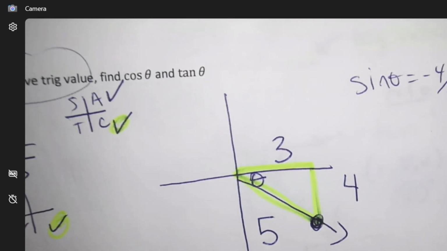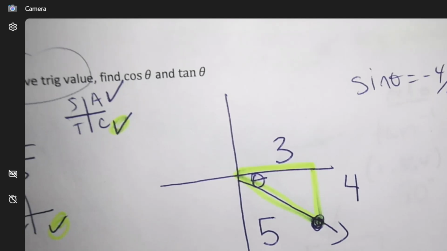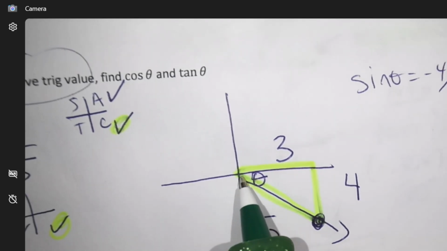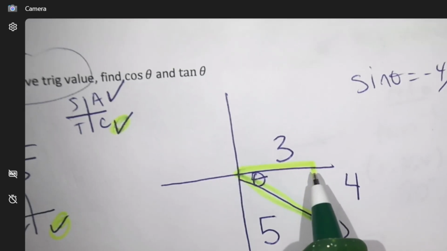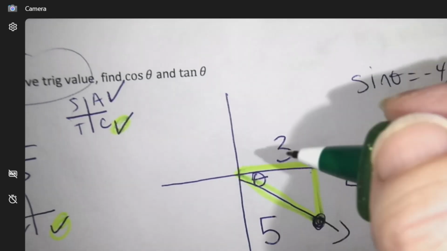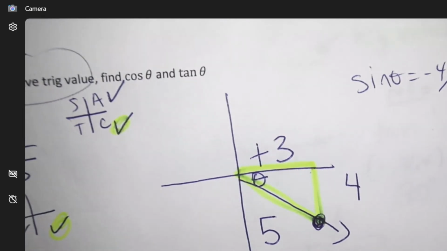Okay, what am I missing? Go ahead. There's a negative. We were given a negative. So let's talk about location. First of all, this 3 is an x value. What kind of x value do you get when you go right? Positive.